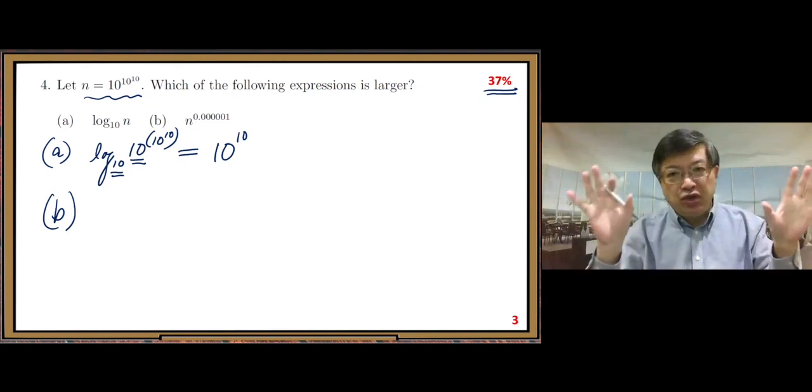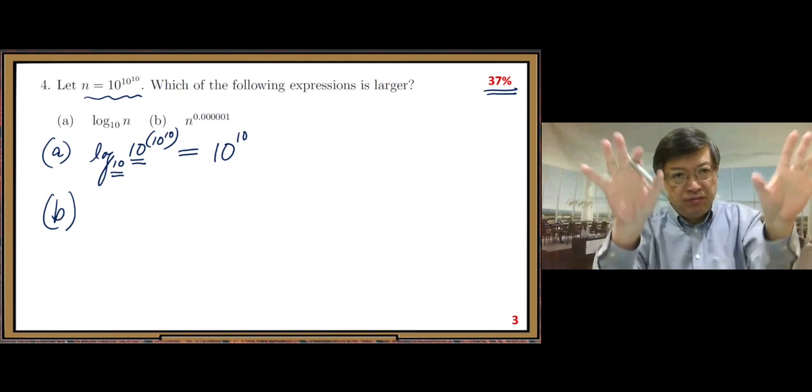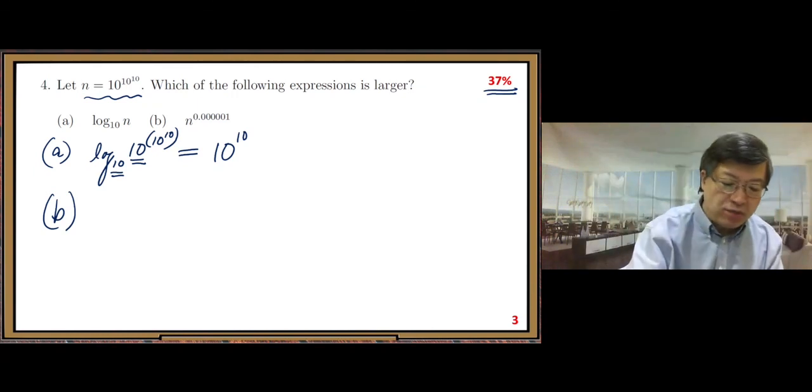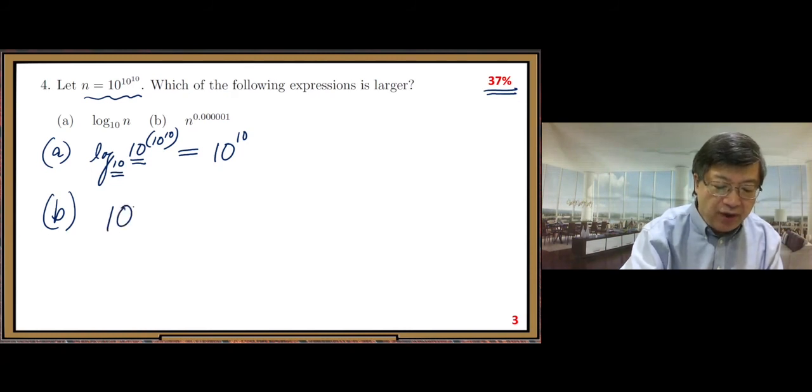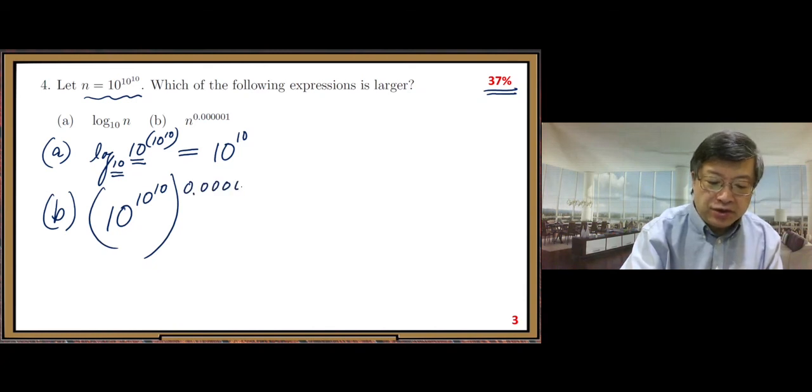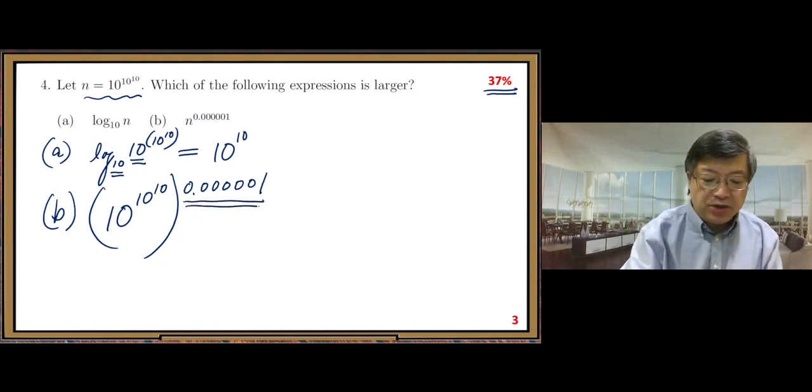So here, let me show you the detail for the right expression. All right, so we plug in. This n we know 10 to the 10 to the 10th. This whole big number to the 0.0000 another 0, 1. This is just a special number, right?